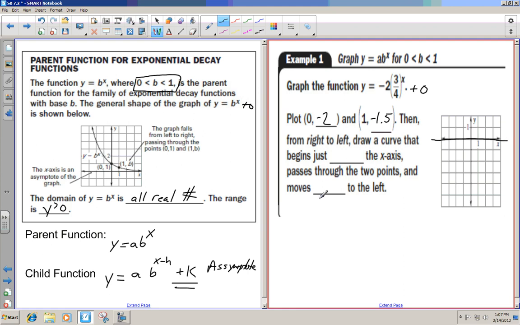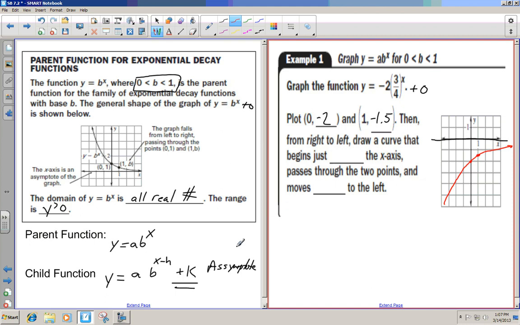So let's plot the points. 0, -2. 1, -1.5. Here's the asymptote. You're going towards the asymptote in a decay. So it looks something like that. It's about as close as you're going to be able to get on that graph.